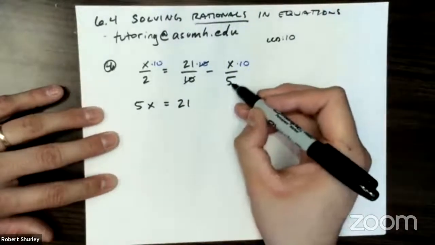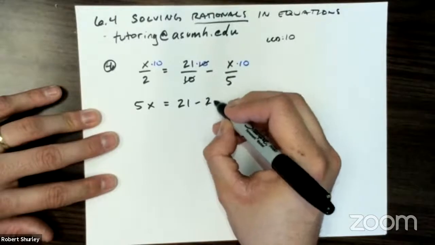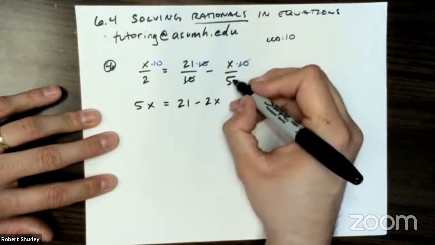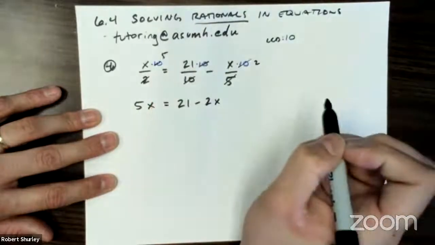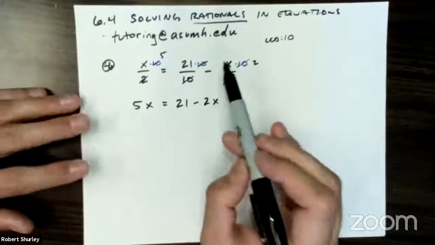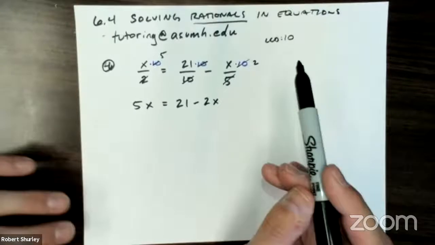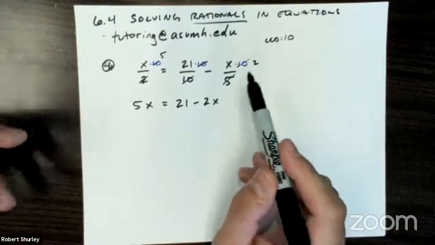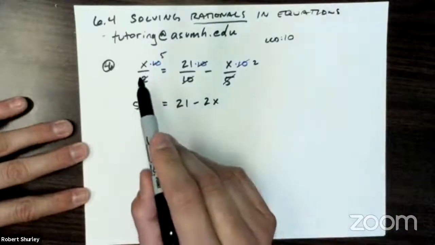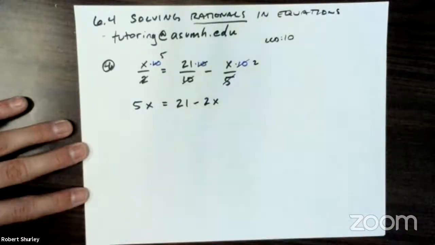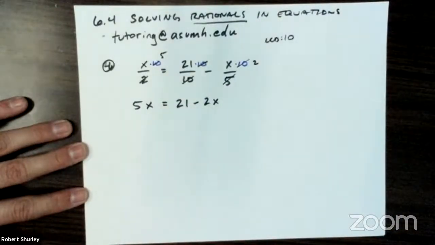And then 10 divided by 5 is 2, so this would be 2x. Now here, this would leave you with 5. So that's where it's coming from. If you choose the least common denominator, and actually even a common denominator works, it doesn't have to be least common. But if you choose the least common denominator, all the denominators will go away. Pretty neat.